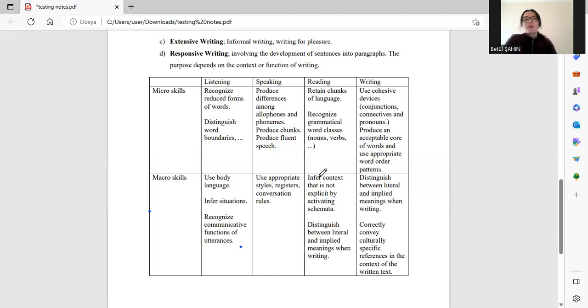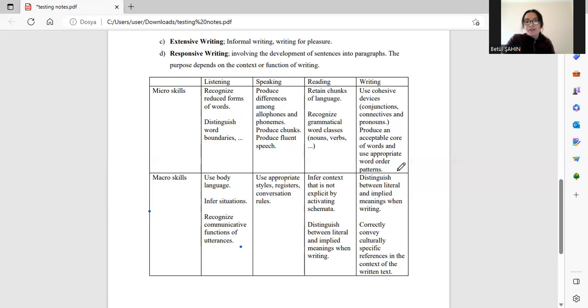In speaking, producing differences among allophones and phonemes, or chunks, fluent speech, these are micro skills. But macro skills is use appropriate styles, registers, conversation rules according to the person you speak. Reading, micro skills: retain chunks, recognize grammatical word classes, nouns, verbs, adjectives, adverbs, etc. And writing, micro skills: use cohesive devices, conjunctions, connectives, and pronouns are cohesive devices, and produce appropriate core of words.